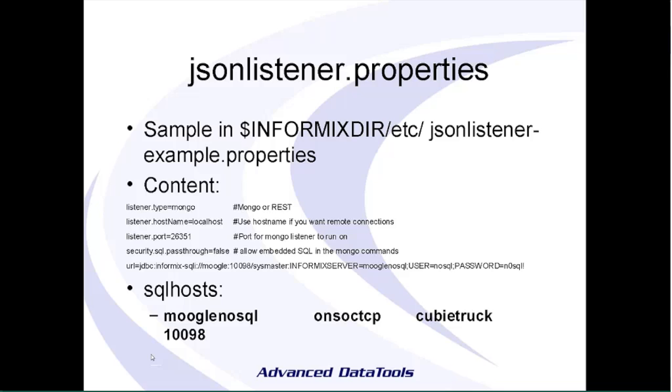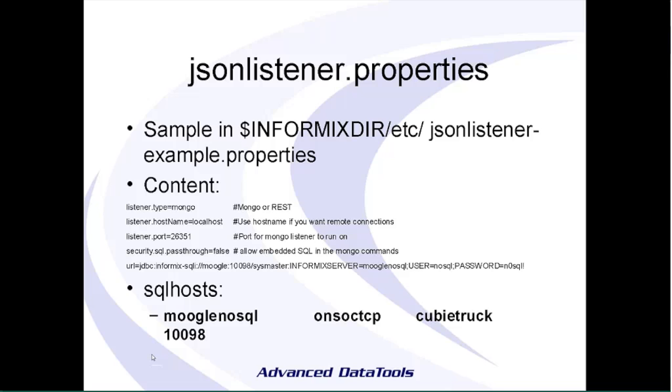So what will happen is the Mongo applications will connect into 26351. The Mongo listener will translate those and then pass it through to Informix on the 10098 port. The listener, by the way, does not have to reside on the same system as the Informix database or the application. It can be a third system, and it'll pass it through because it's all TCP connections.